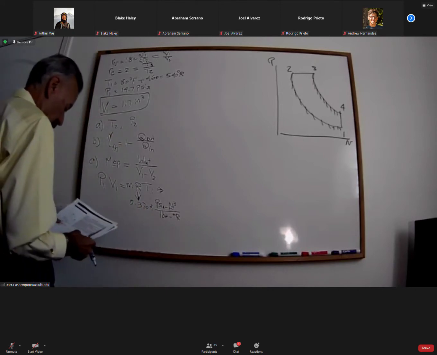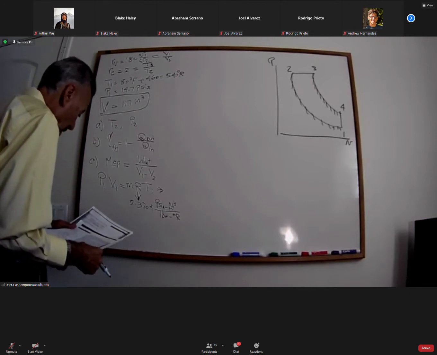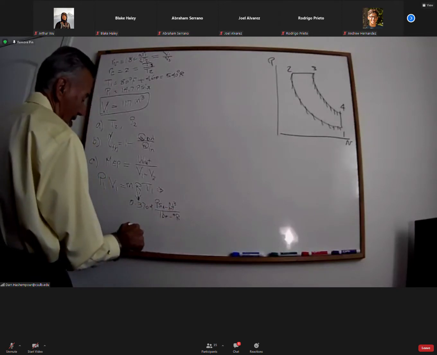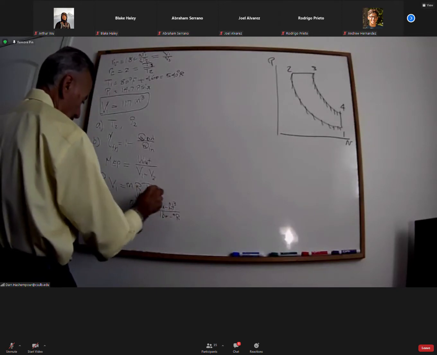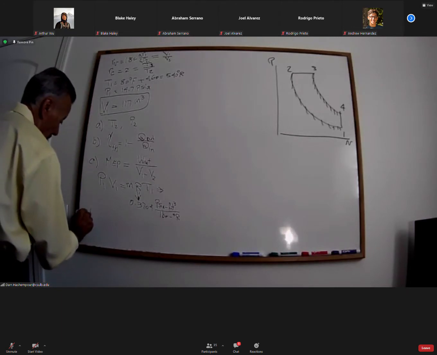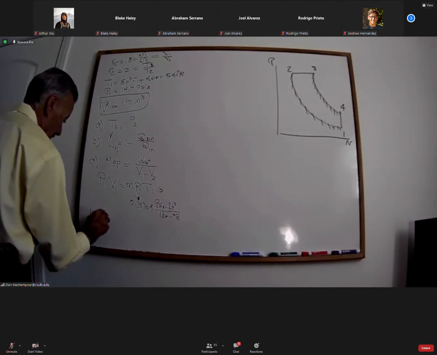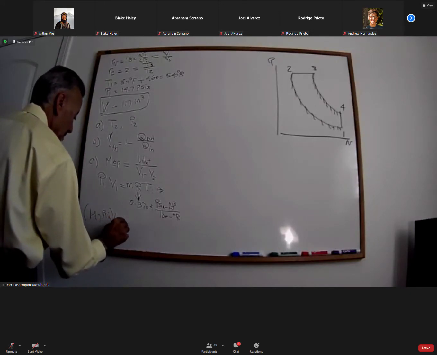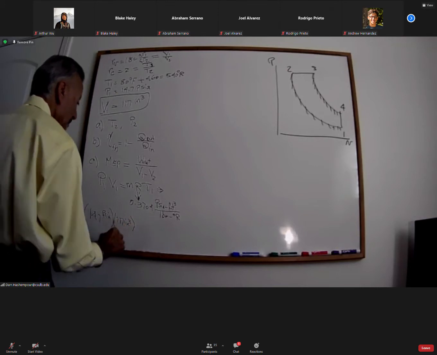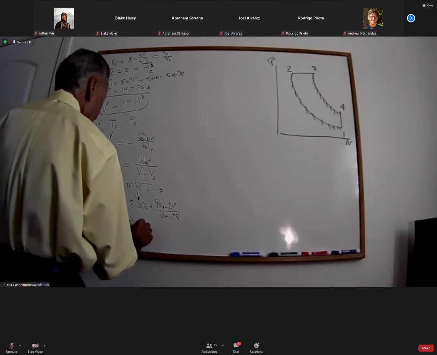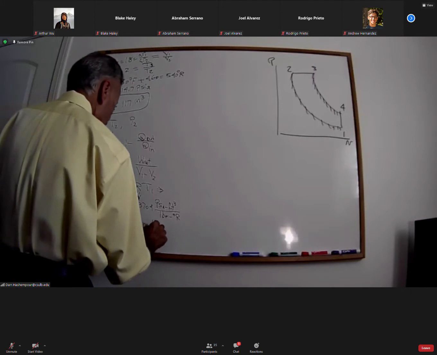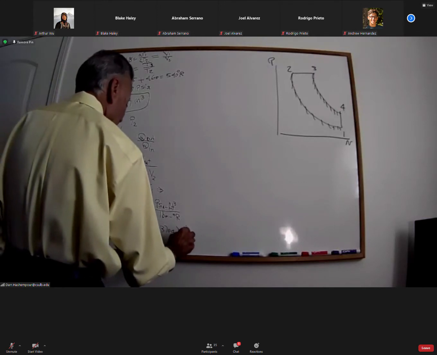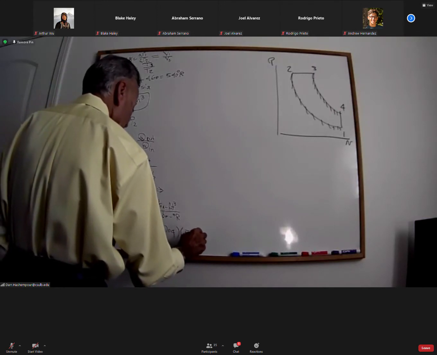So if I plug everything in, because of this cubic feet, I need to convert. So if I write 14.7 psia times 117 cubic inch is equal to mass times 0.3704 with that unit times 540 degrees Rankine.